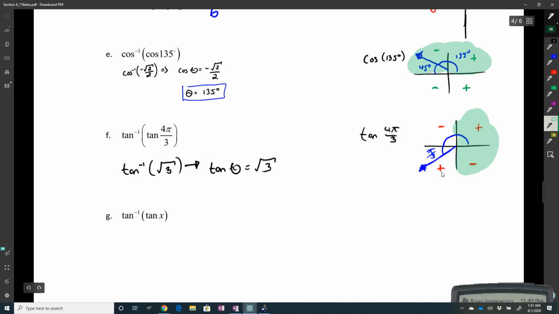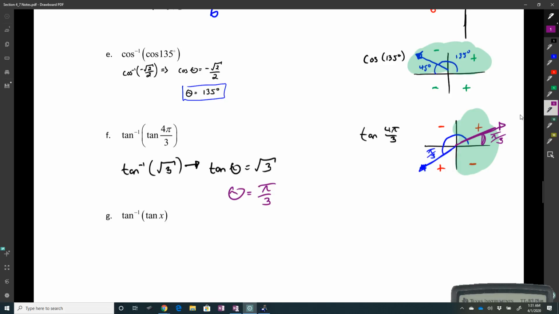What I need is another positive answer that gives me the same thing. Well, since this is positive, then my answer has to be over here, and it has to be the pi over 3 right there. And so theta, in this case, is going to be pi over 3. Because tangent of pi over 3 is positive square root of 3.